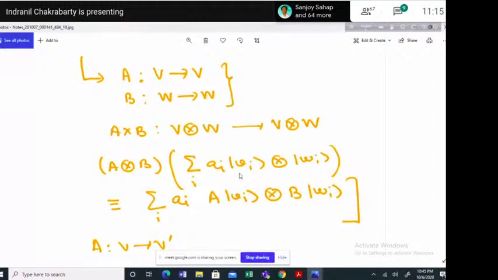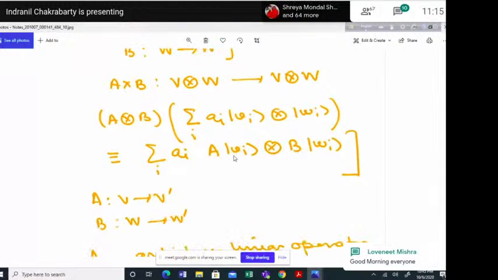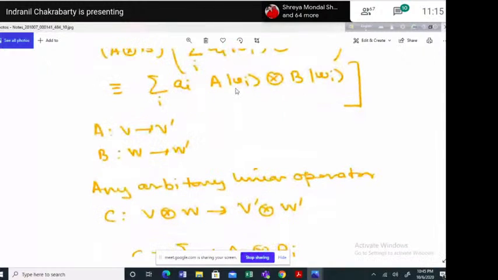A will act on the vector space V, and B will act on the vector space W. So in principle, you can write it as summation ai, A of vi cross B of wi.